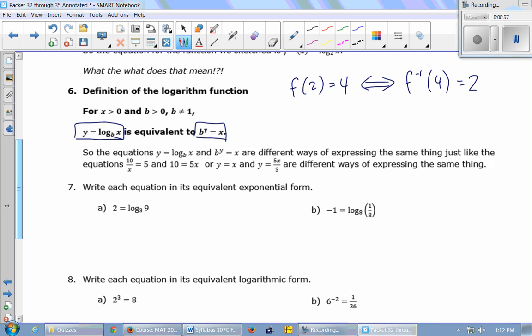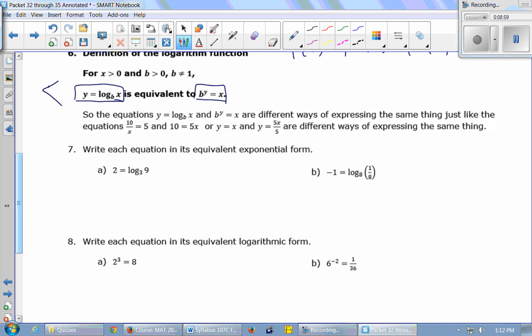All right, so I'm going to use the definition of a logarithm to write each of these equations in its equivalent exponential form. So 2 equals log base 3 of 9. The b in my log equation, we call that the base.